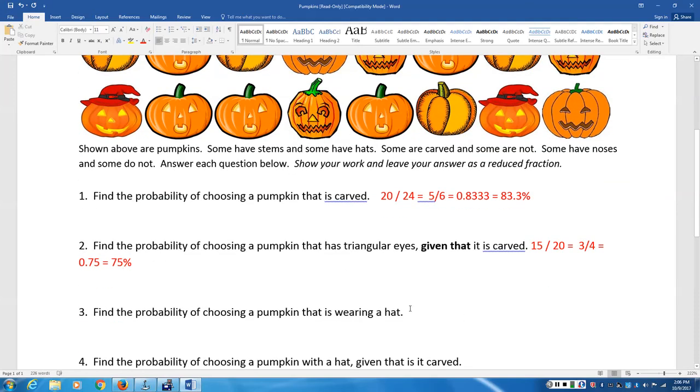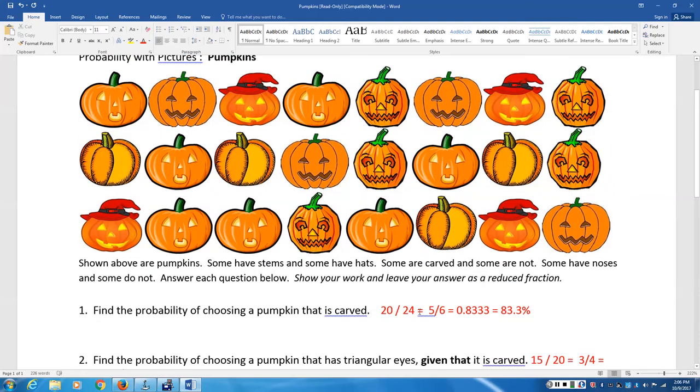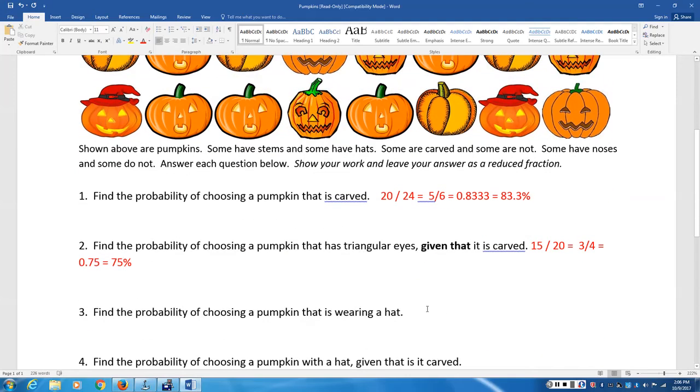Next one says, find the probability of choosing a pumpkin that's wearing a hat. How many hats do we have on pumpkins? 4 hats? And that's out of all the pumpkins, right? So that's 1/6.